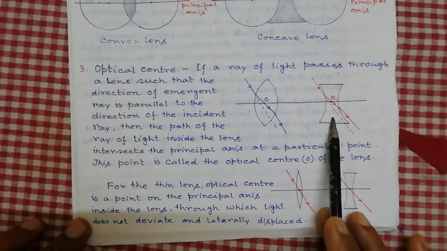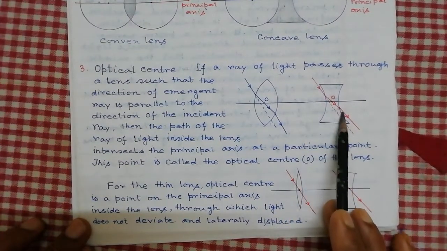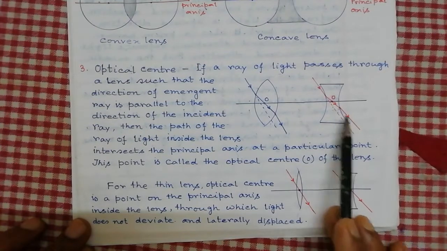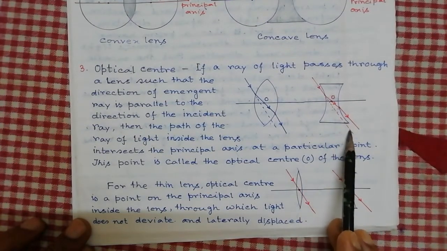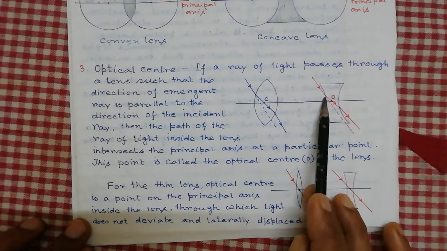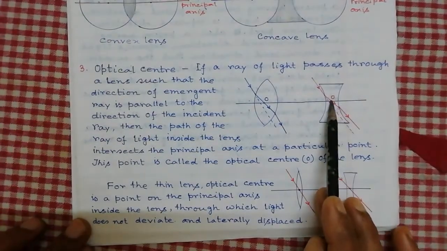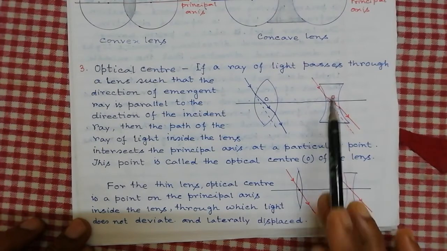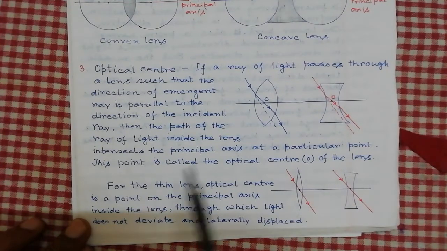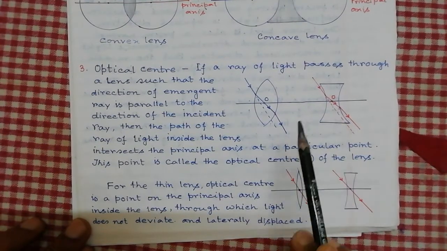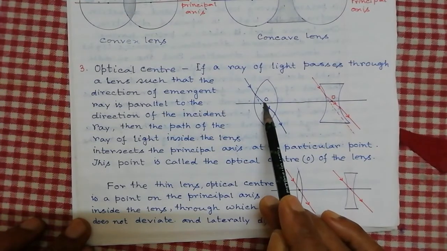This is a concave lens. It is the incident ray and it is the emergent ray, and this emergent ray remains parallel to the incident ray. The light ray inside the lens cuts the principal axis at a point, and this is the optical center for the concave lens, and this is the optical center of the convex lens.